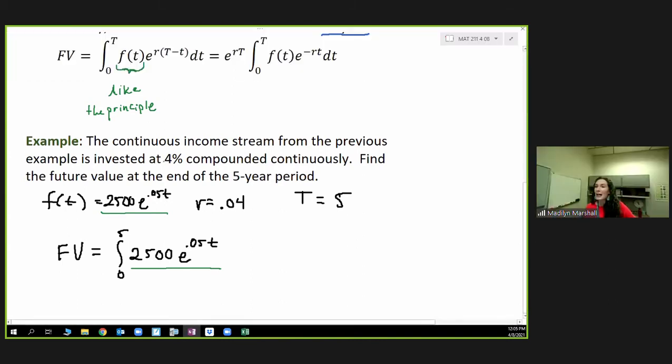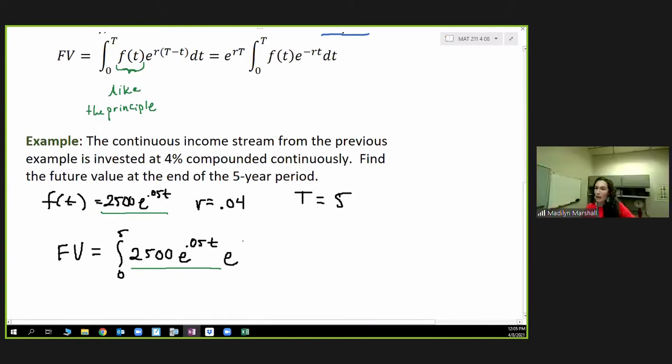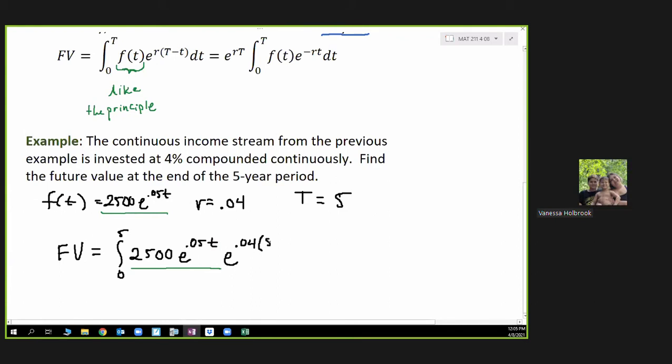Then our formula has another e, and this is e to the r, which is 0.04, times capital T, which is 5, minus little t.